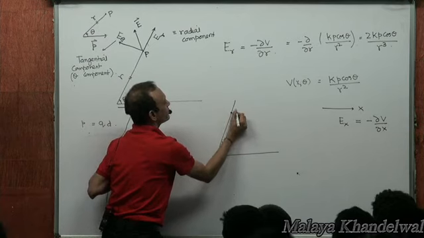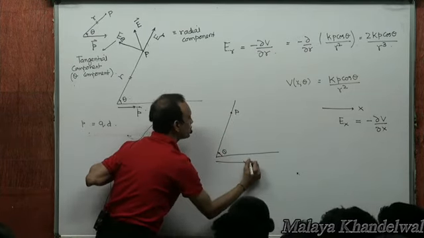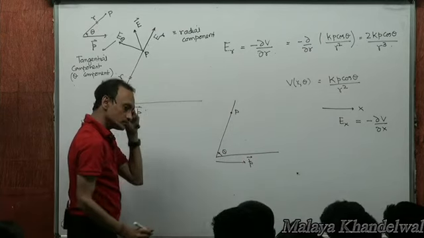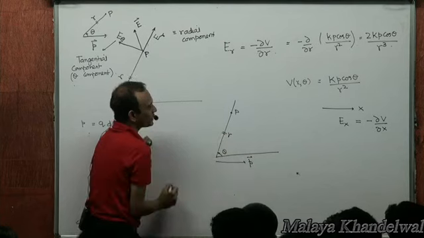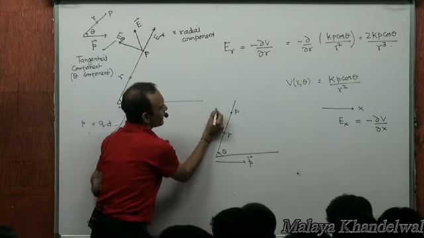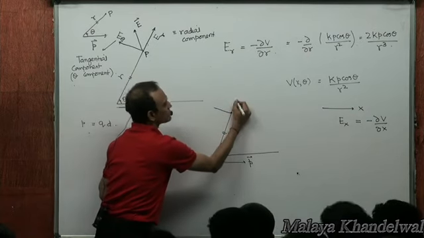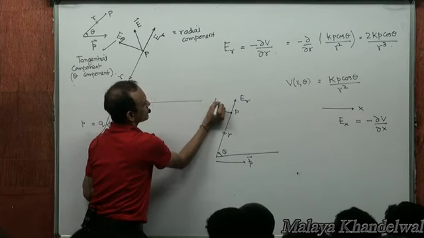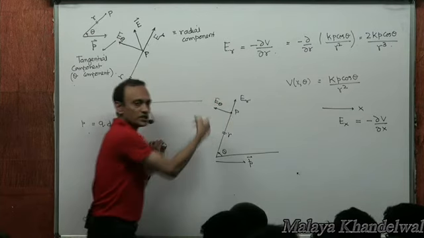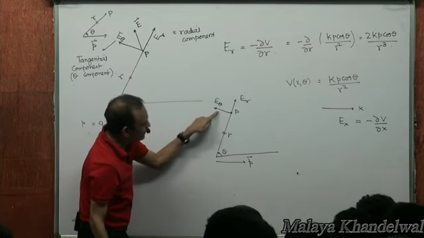Again, this is my point P. This is theta. This is my dipole moment vector. This is r. Now what I imagine is, in this direction, this is my tangential direction. This is my E_r direction, this is my tangential direction, E theta. In this, I move a small amount perpendicular to r.